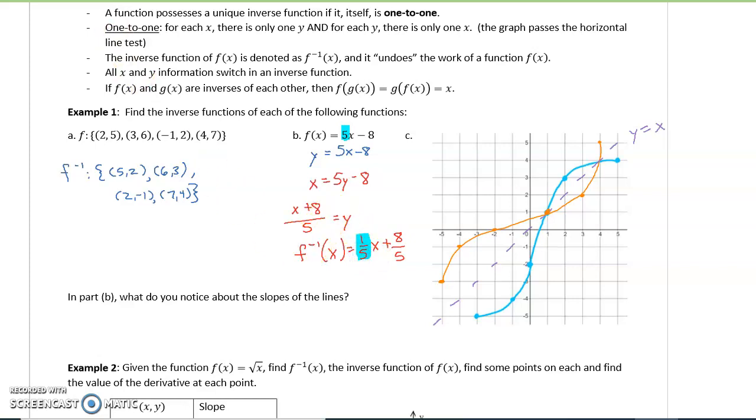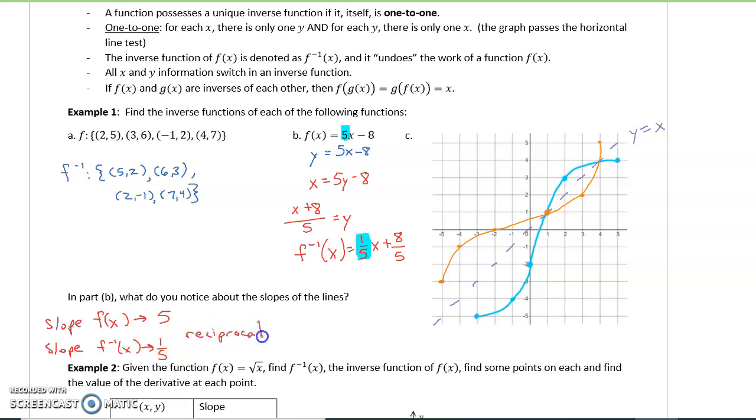So take a look. This might not be surprising, but the slope of f of x is 5, and the slope of f inverse of x is 1/5. They're reciprocals, right?